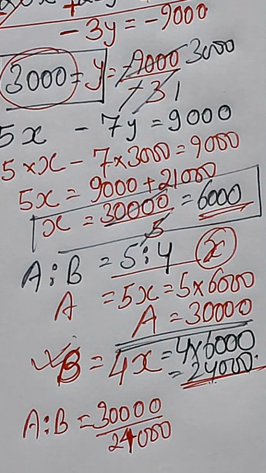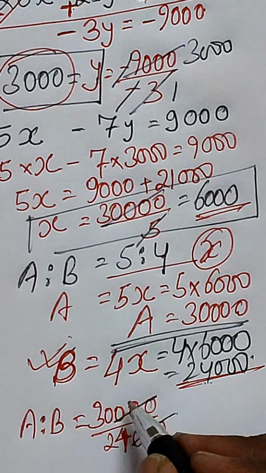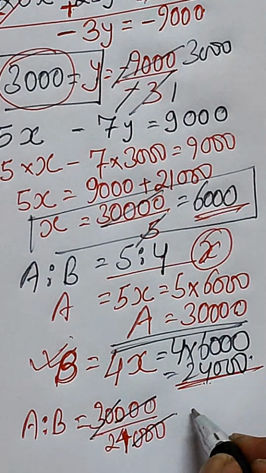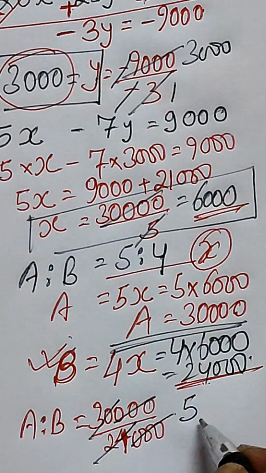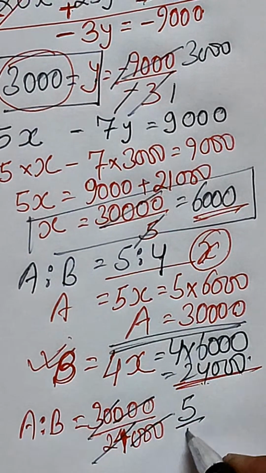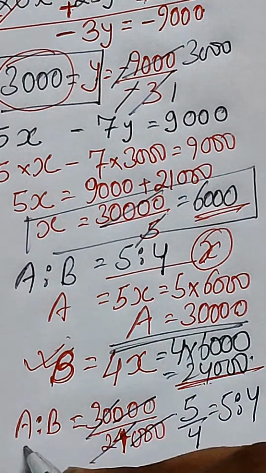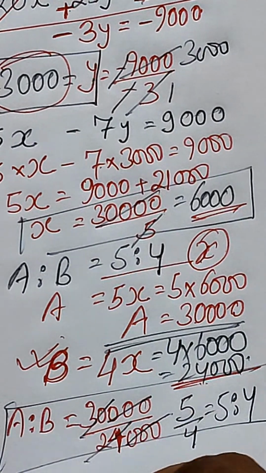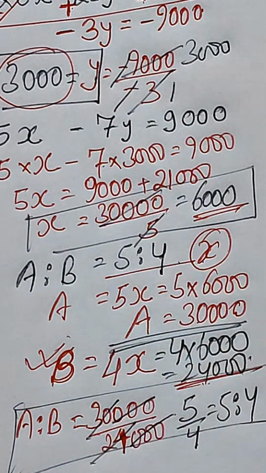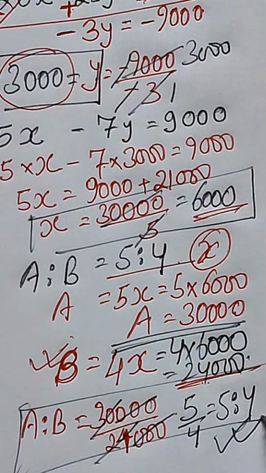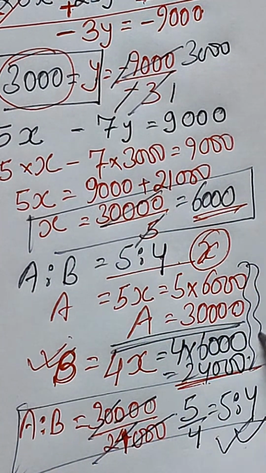So just to verify, these three zeros and three zeros will be cancelled, and 6 fives are 30 and 6 fours are 24. So this will give you 5 is to 4. Our answer is perfectly correct, because you can see the ratio of income of A and B was 5 is to 4, and this is verified after our derivation of the answer.